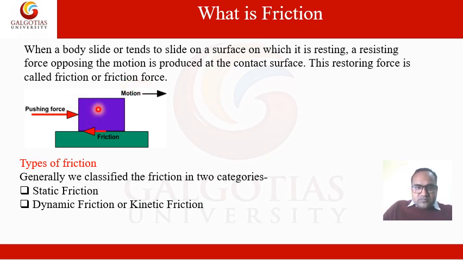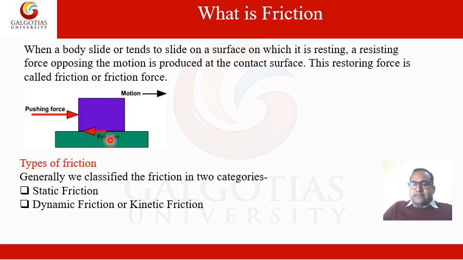Consider this is a solid block. Now, this block is trying to slide on this surface. If one applies a force in this particular direction, the direction of motion, this box is trying to slide in this direction. Now what is the reaction of this surface?